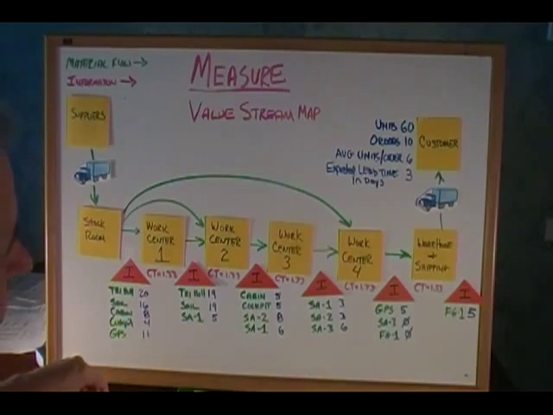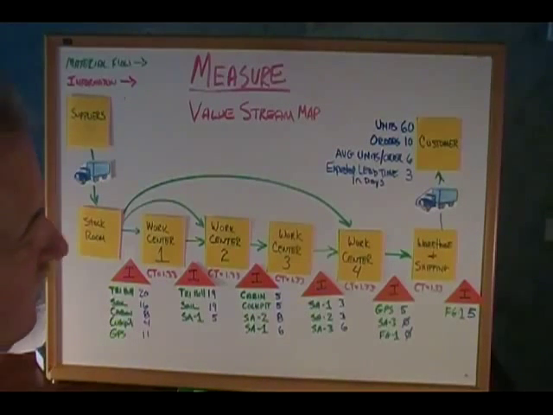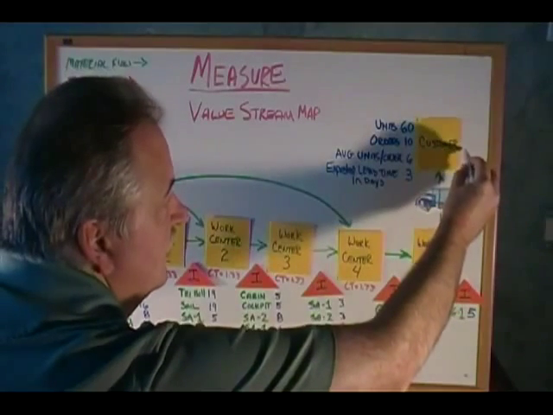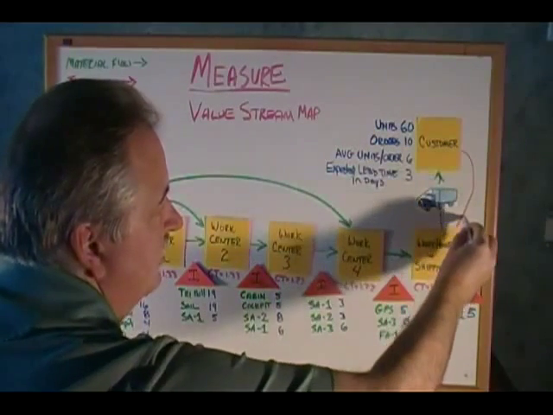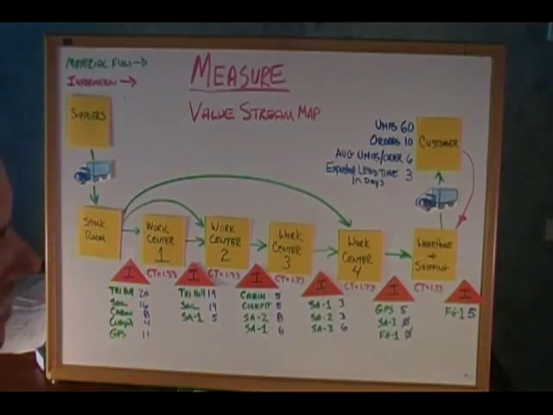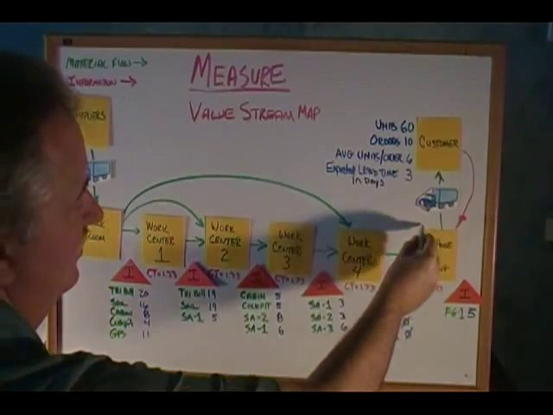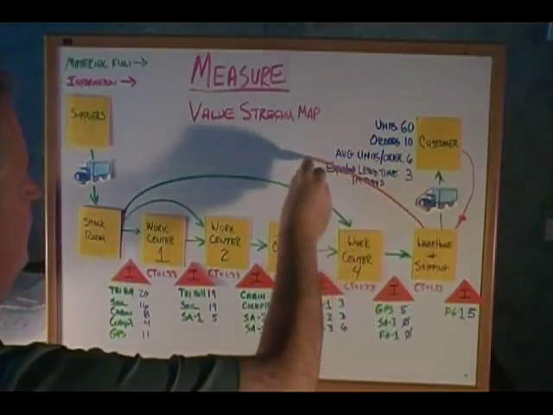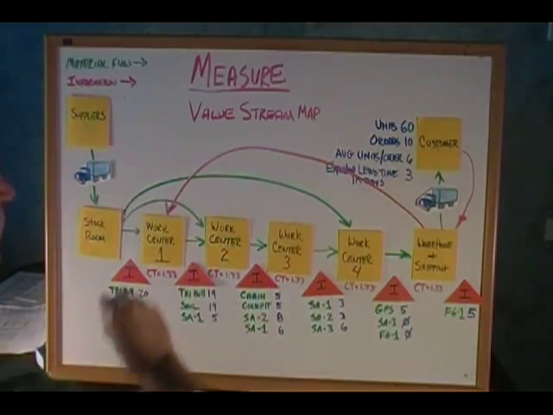All right, the information. Information flows from the customer and it comes in as an order to our warehouse. The warehouse provides the information back to work center number 1.